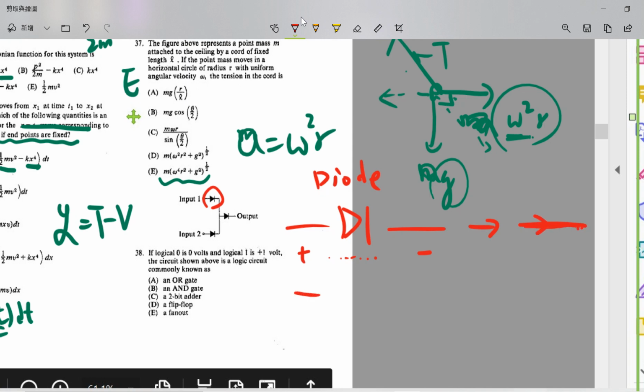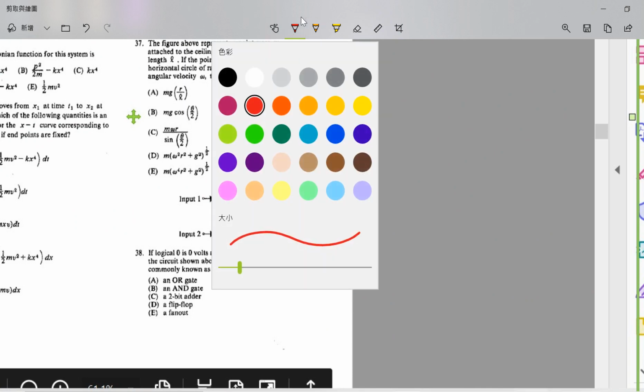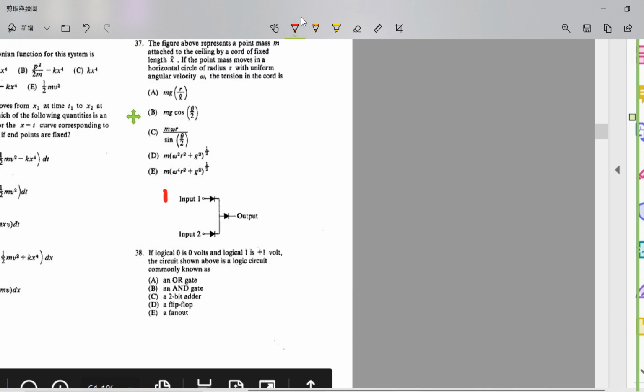And if this is inverse potential, then it would be like open. Okay, so this is the perfect diode you need to remember. So usually to solve this type of question, you need trial and error, unless you already know the answer.